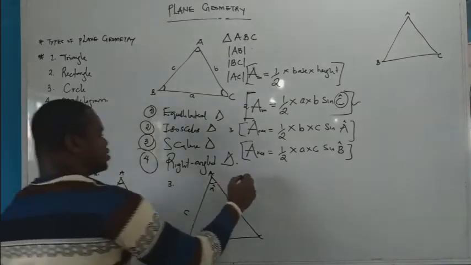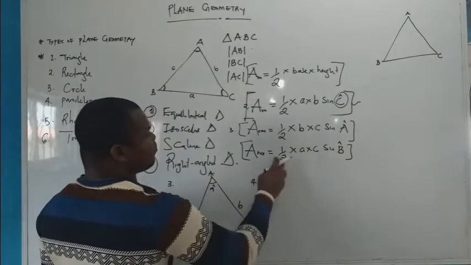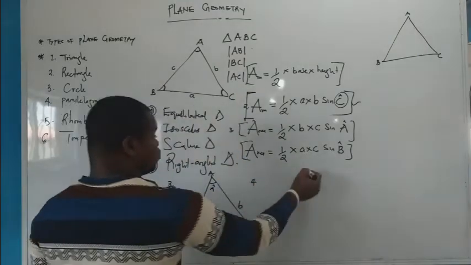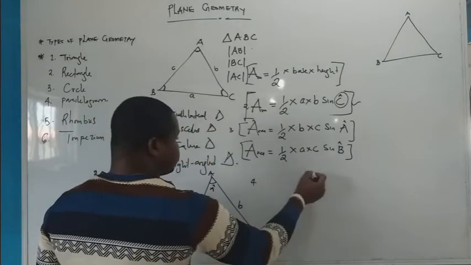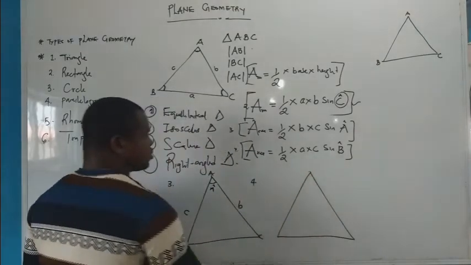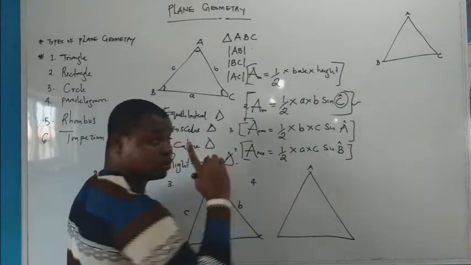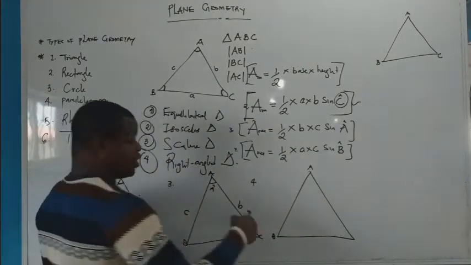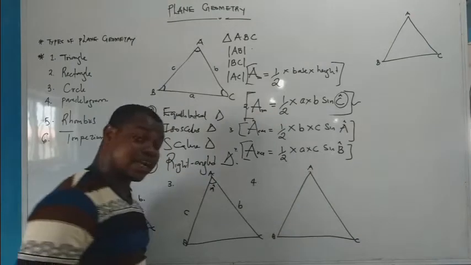Then the fourth one is this, which is half a times c, then sine angle B. So you should have a triangle like this. The fourth formula, a triangle like this. So we have here to be A, here to be B, and here to be C. Is that clear?